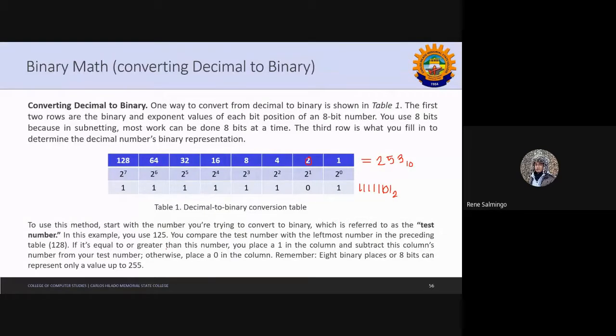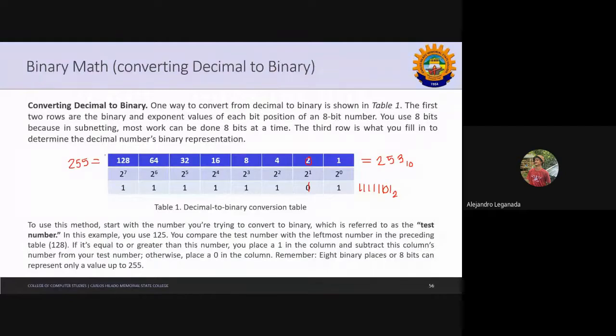Given this number is 253 decimal, to convert it into binary, remember that the total value we have, if all are 1, is 255.